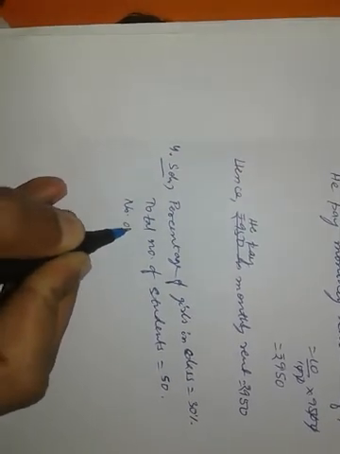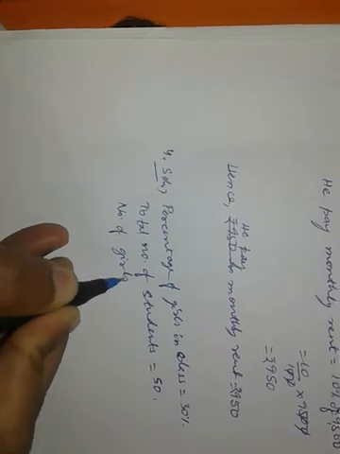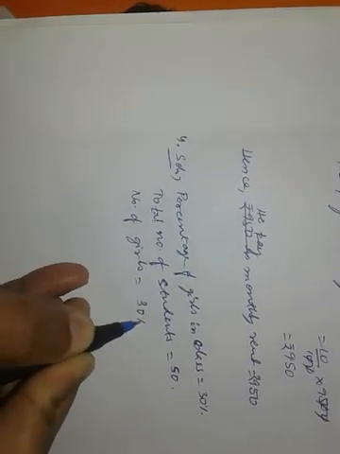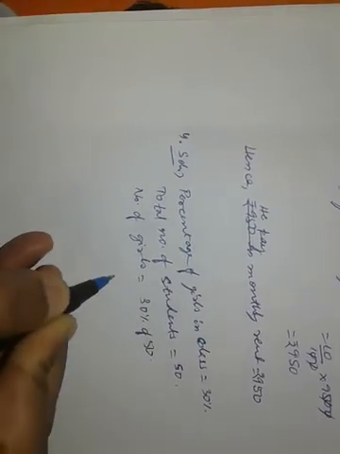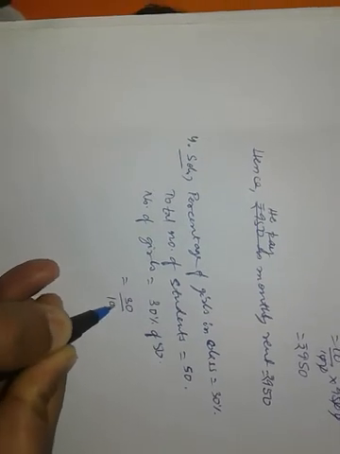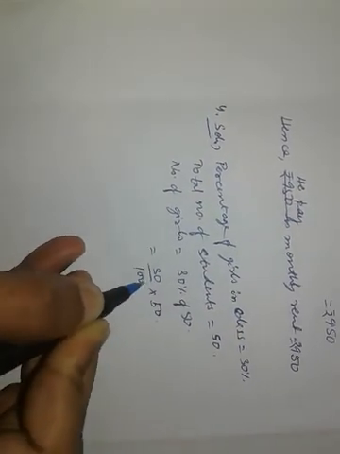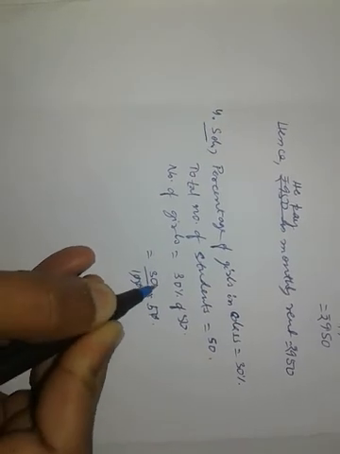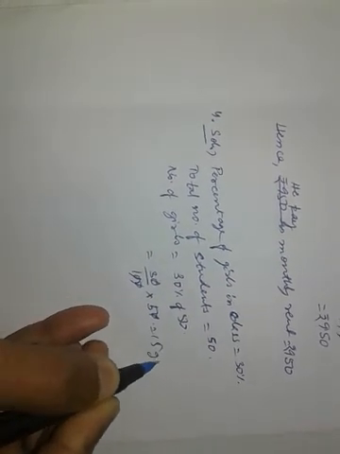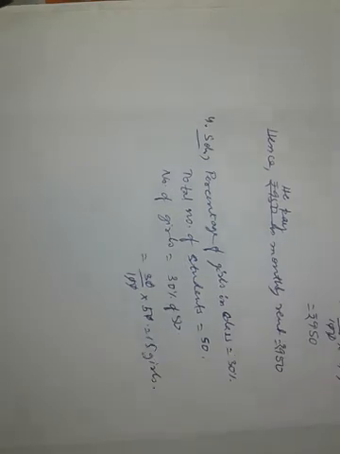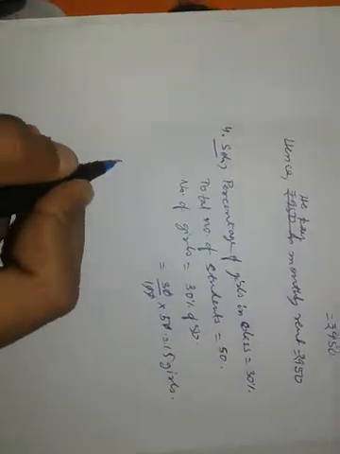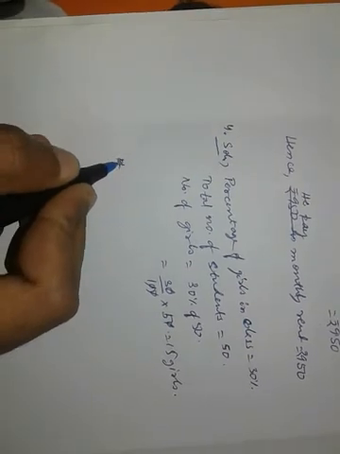Now the number of girls is 30% of 50. So 30 by 100 multiplied by 50, that is 15 girls. So this is the answer, and we have to write hence.